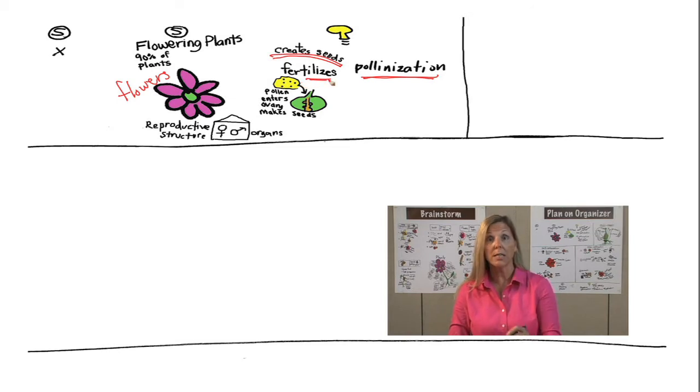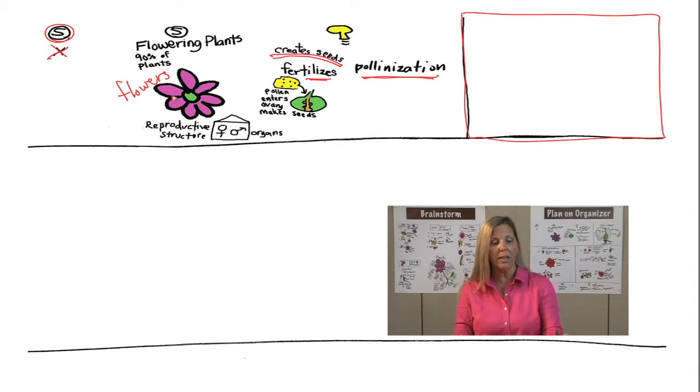It's how it fertilizes. It's how it reproduces. And that's very important for the survival of the plant. So we had our subject, big idea. Then we went back and said, is there any specific setting that we need to put? And we decided we weren't going to add that to this information. It wasn't critical. So we put an X. There we have our thesis statement.